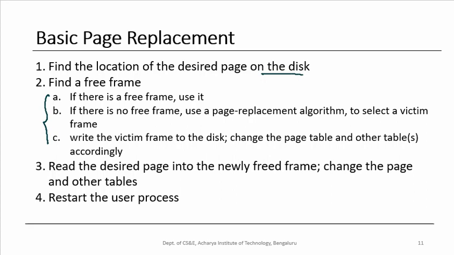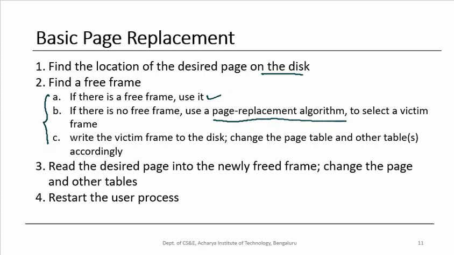If there is a free frame, use it. So there's no issue, the operating system can use it. If there is no free frame, then the operating system has to run another algorithm called the page replacement algorithm for selecting a victim page. You can also call it a victim frame because the page is located in the frame.